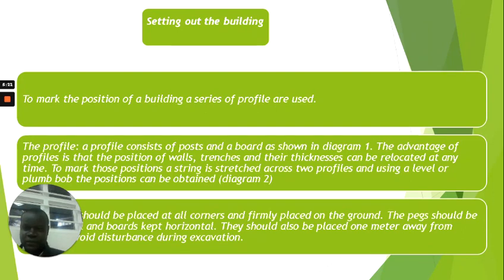The advantage of profiles is that the position of the walls, trenches, and their thickness can be relocated at any time. To mark these positions, a string is stretched across two profiles using a level or a plumb bob. The positions can be obtained like we have described it in diagram 2.